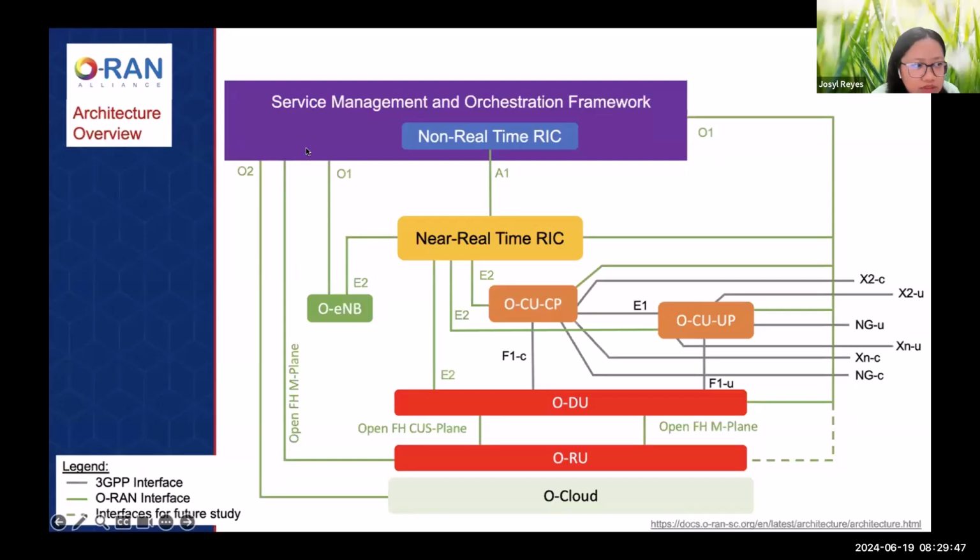We also have the O2 interface, but this one is not connecting to the RAN, but rather towards the O-Cloud, for other purposes like inventory and software management. The RAN components at the bottom are mostly tasked to handle communications for the mobile users.